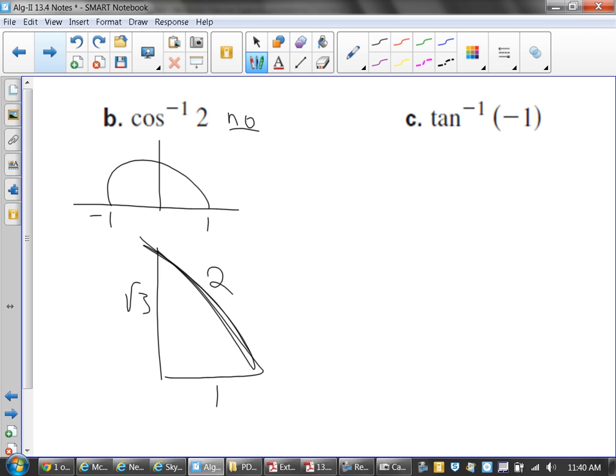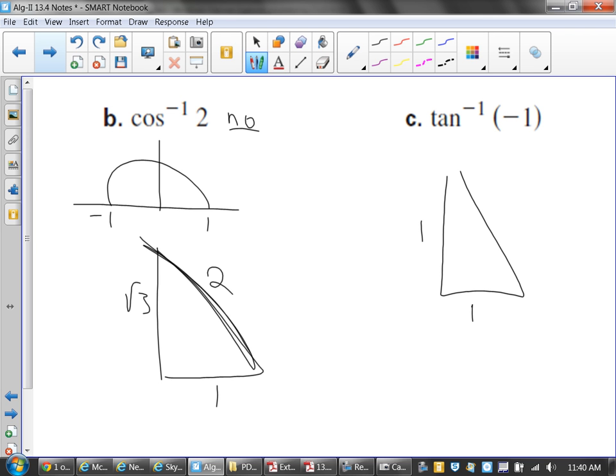Good. What about the inverse tangent of -1? What triangle has the tangents of 1s and -1s? 45s. So I know it's got to be a 45, 45, 90 triangle. But where is tangent negative? Which quadrants? 2 and 4. And tangent is defined when we were doing the inverses in what 2 quadrants? So which quadrant should I be looking for?